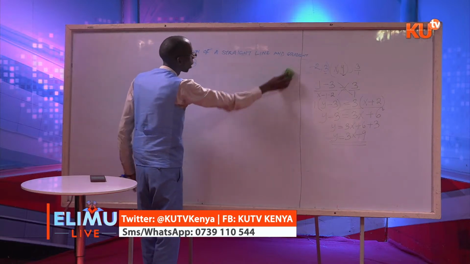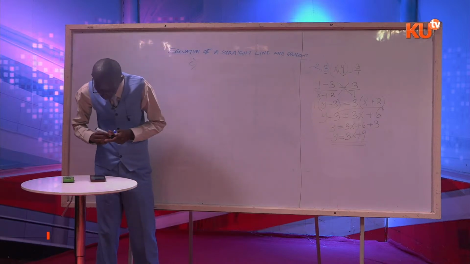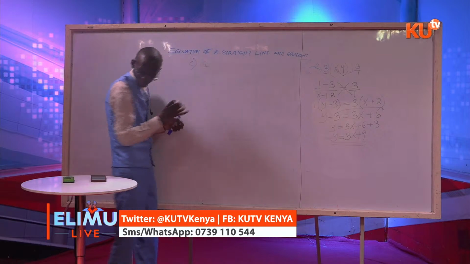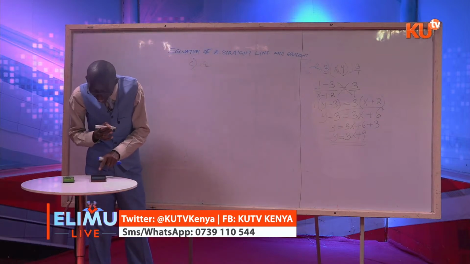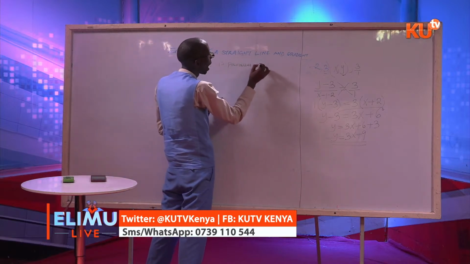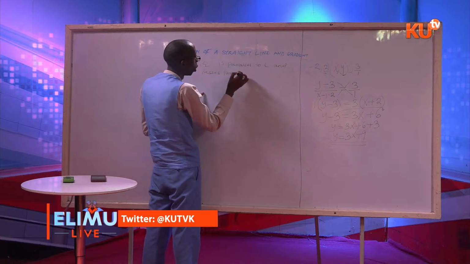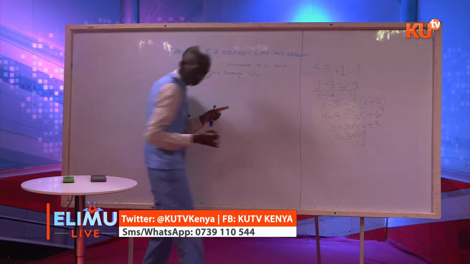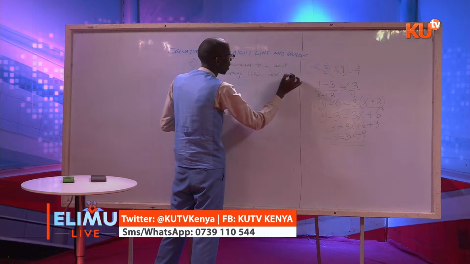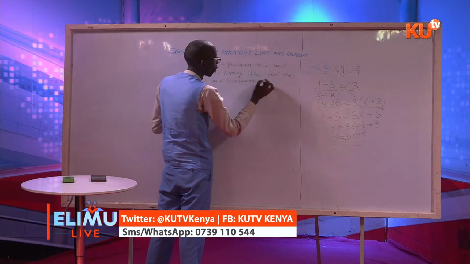We are moving on to question number C, where you are told, given that another line Q is parallel to L and passes through (1, 2). Find the x and y intercept of Q.